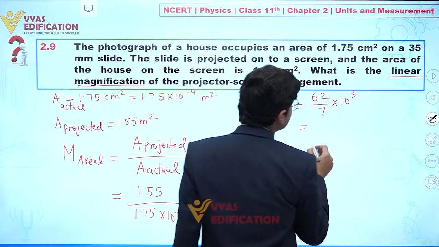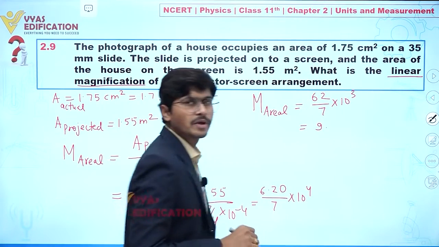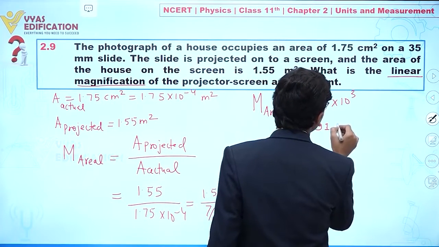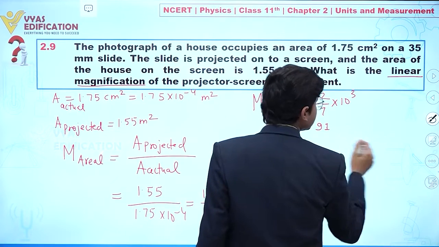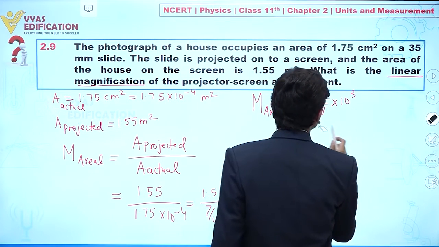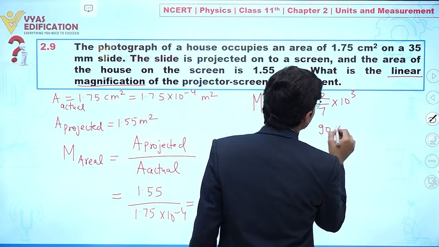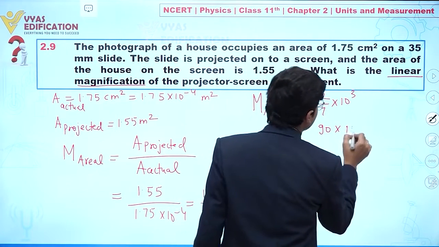Clear? From here you can say approximately this is 9, so I am taking 91. Okay, I am just taking 90. Clear? Near about 90 we are getting this answer. So 90 into 100.